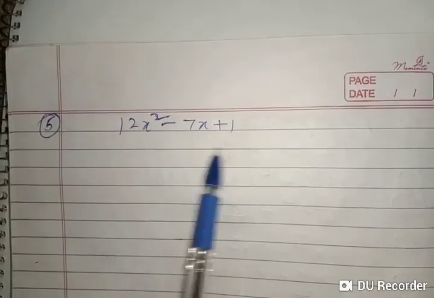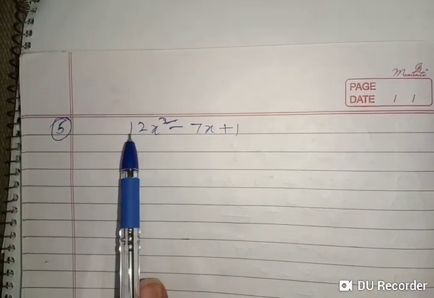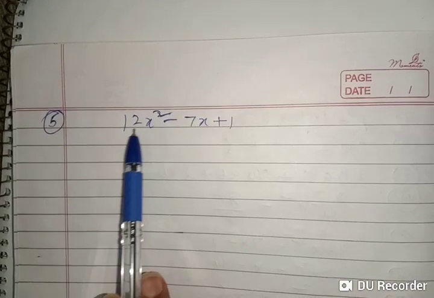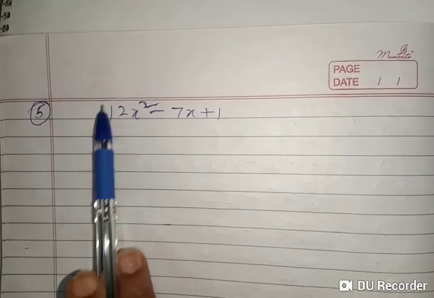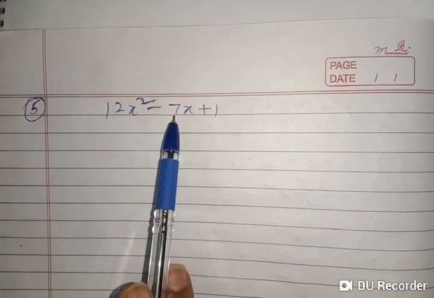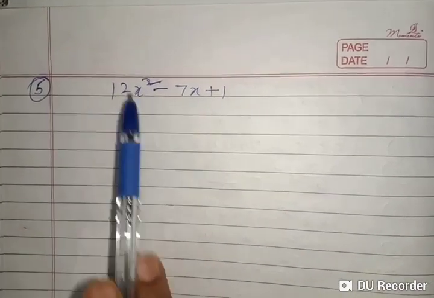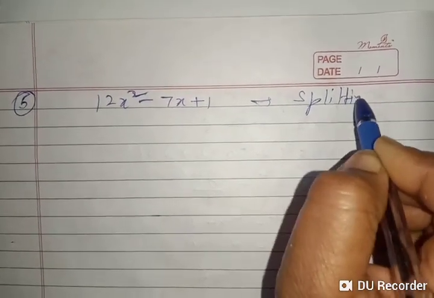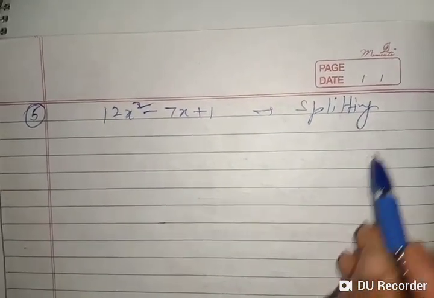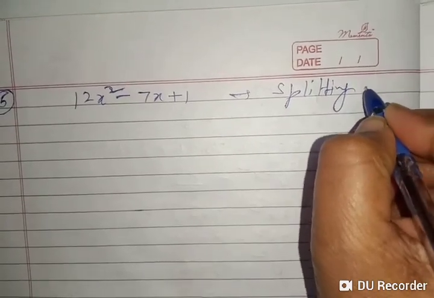No common, no regrouping, no identity, because it is 12. We cannot write 12 as the square of any number. We can write root 12 square, but it will not be 2ab then. So which method will we use for this question? As soon as you see the question, you need to find out which method. So splitting.